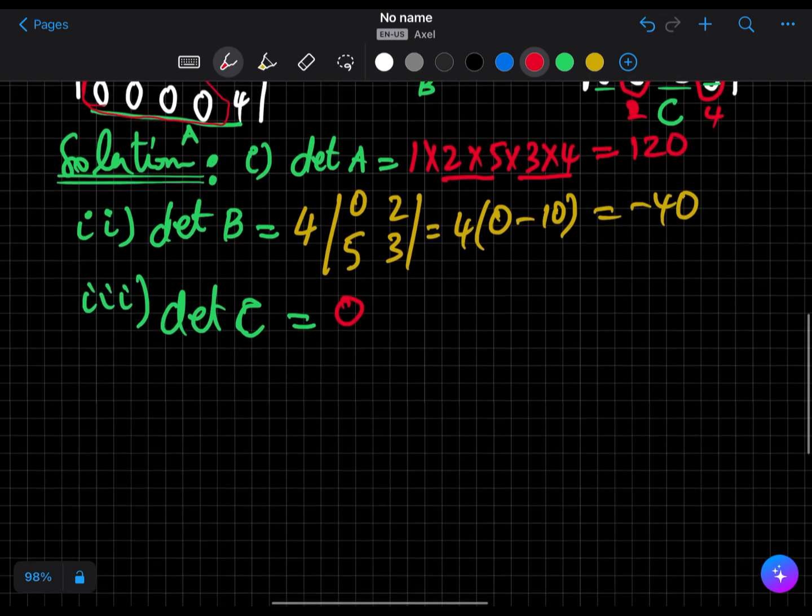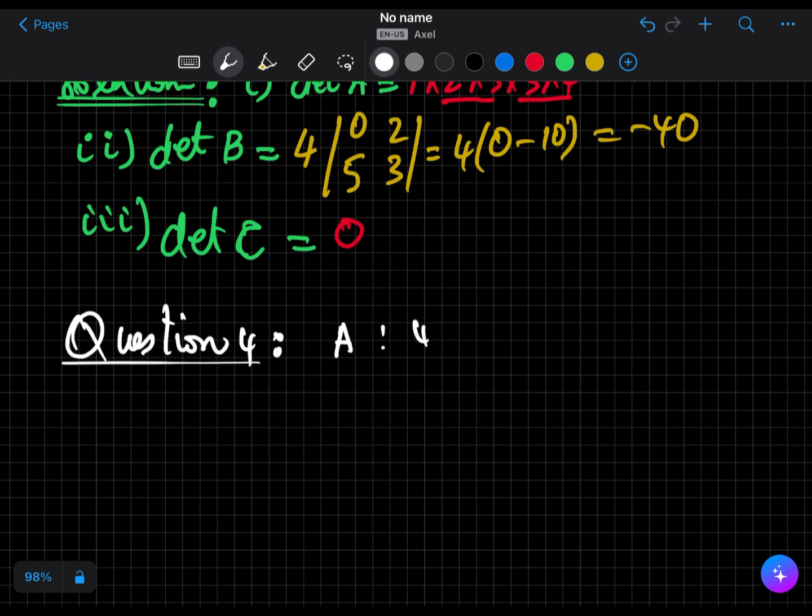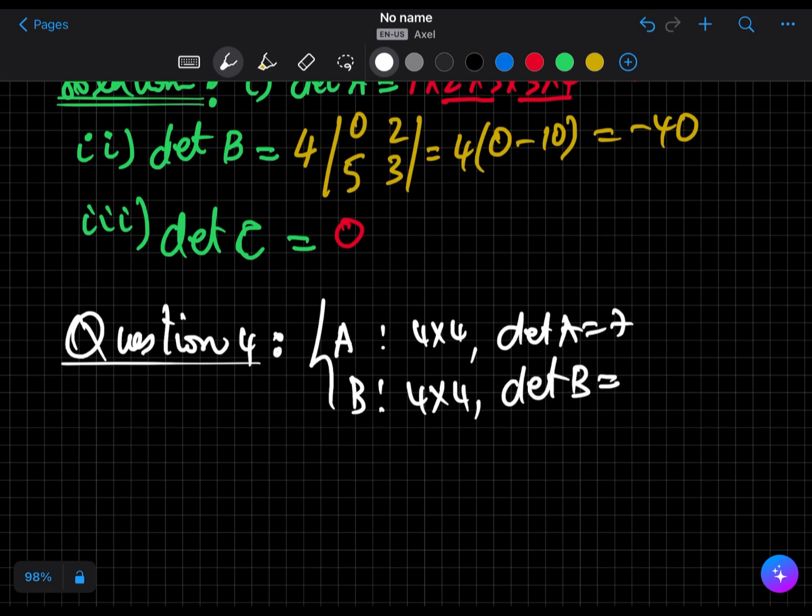Okay. So now let's have a look at question 4, where you have that A is a 4 times 4 matrix, and the determinant of A is 7, and B is also a 4 times 4 matrix, and the determinant of B is minus 8.